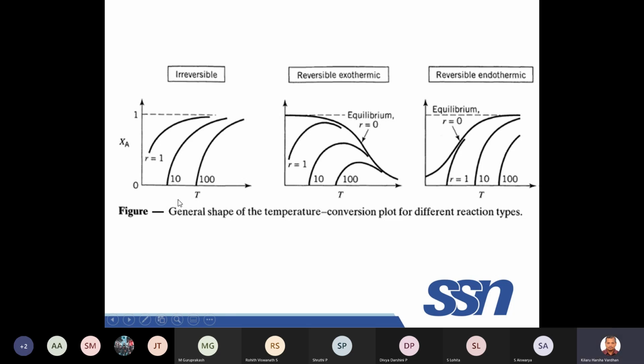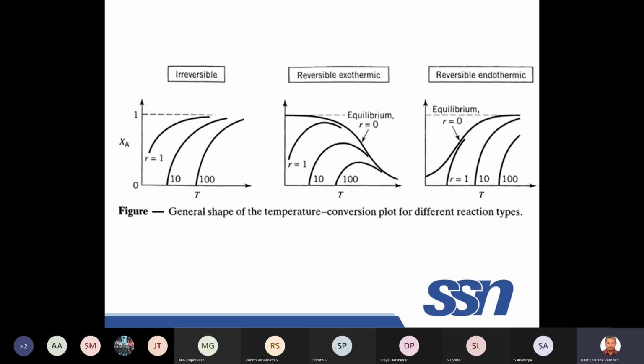If you look at this, as you increase the temperature, whatever temperature you want, the rate is going on increasing. So the rate will go to maximum conversion of 1, almost it touches, both for exothermic and endothermic, because this is an irreversible process.